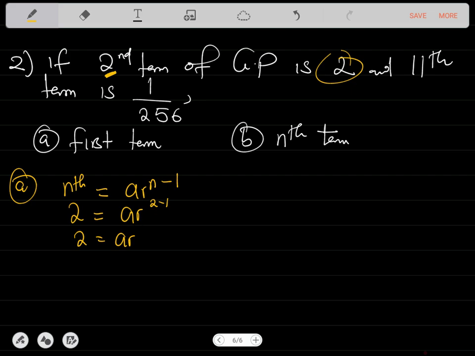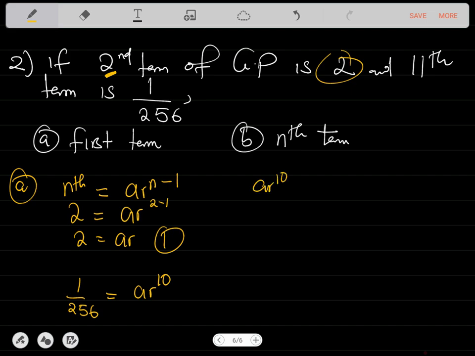Okay? Then also write for the 11th term. So the 11th term is 1 over 256, and this is equal to a r to the power 10, because where there's n, you are putting 11, but the minus 1, it will be 10. Then do you know what to do? Divide them. Okay?